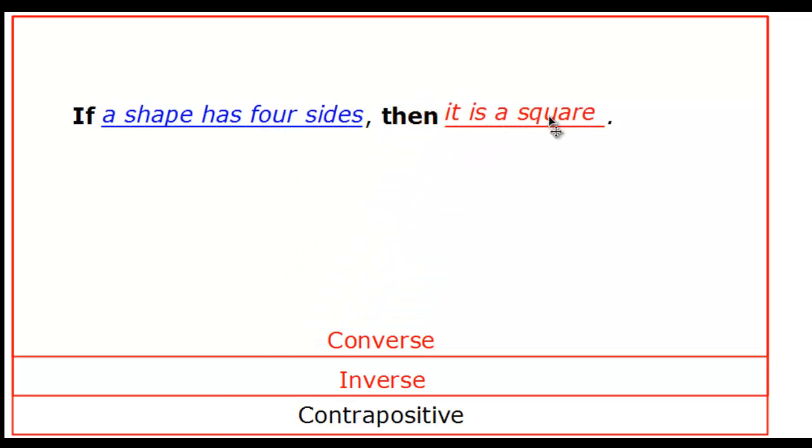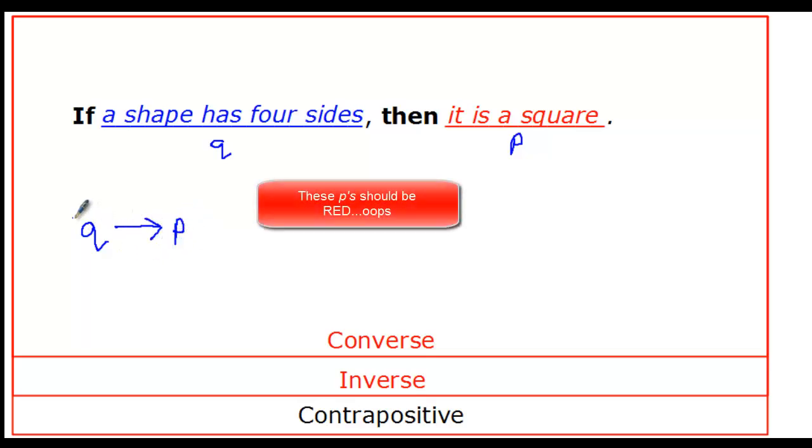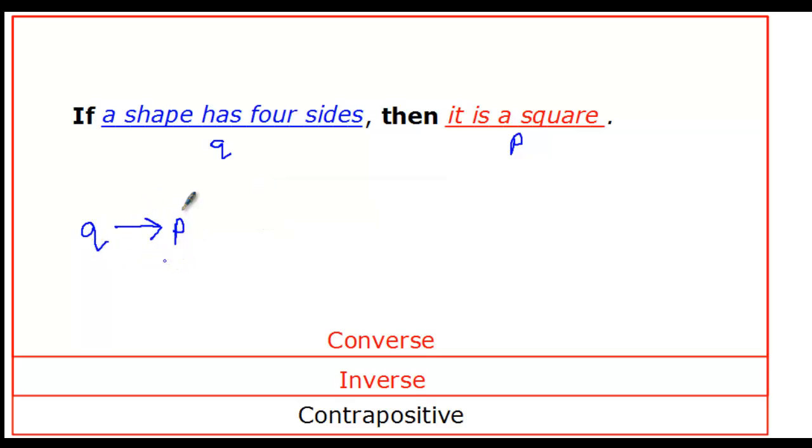So I'm not going to continue to write the words hypothesis and conclusion. What I'm going to write, as you probably figured out, is that this is Q, that was my conclusion, and this is P. So the converse of a statement just means that we take the hypothesis and the conclusion and we switch them. So this says if Q then P, or Q implies P.